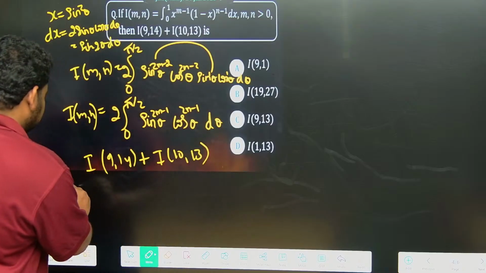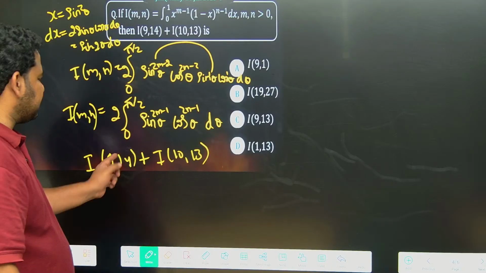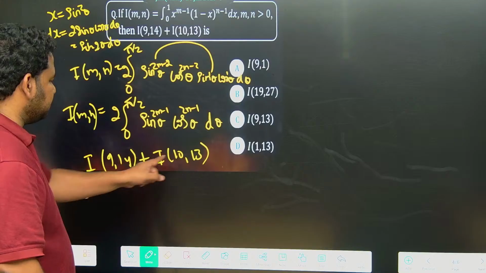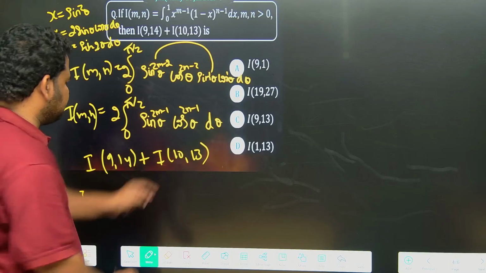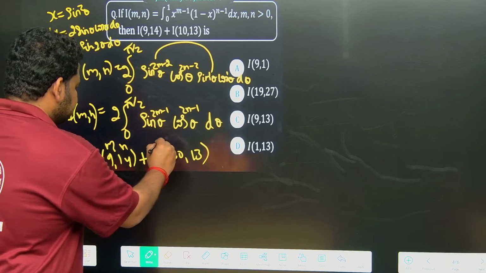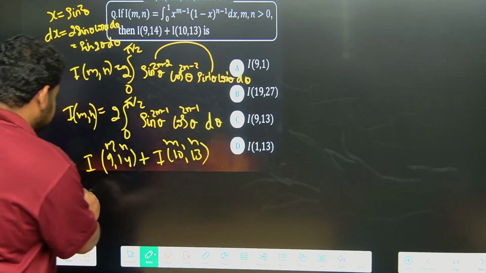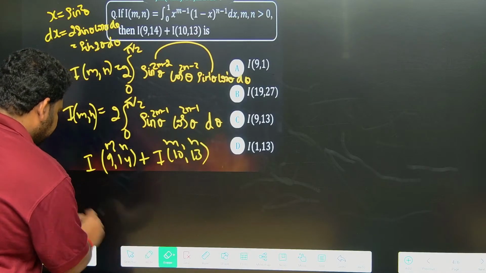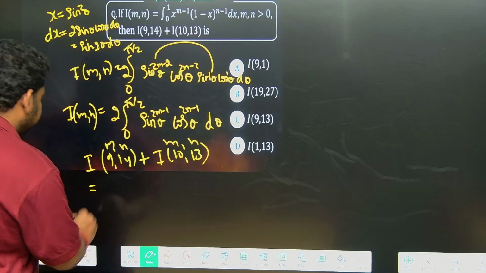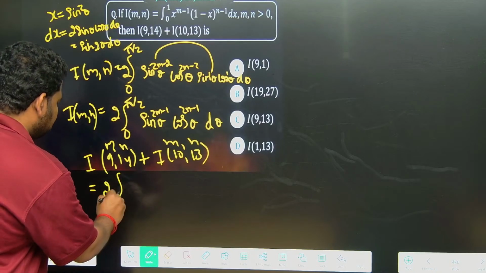So if I put these values, wherever m is there I have to put 9, wherever n is there I have to put 14, then 10 for m, this is I of m comma n. Now if I put this here, this will be equal to 2 times integral 0 to pi by 2.